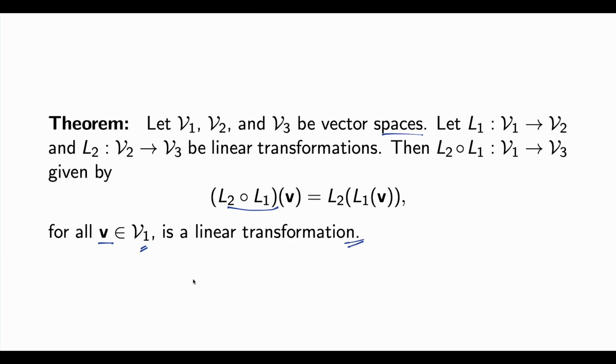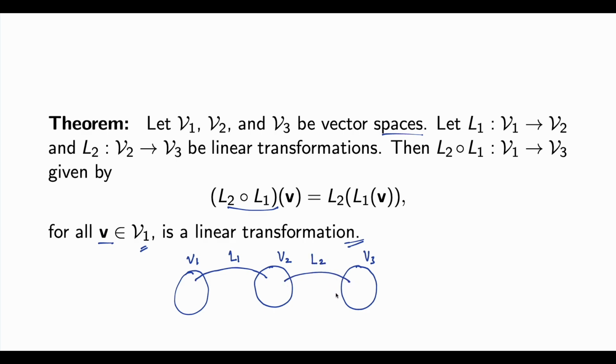So if you have a vector space V1, a vector space V2, and another vector space V3, then L1 is from V1 to V2 and L2 is from V2 to V3.